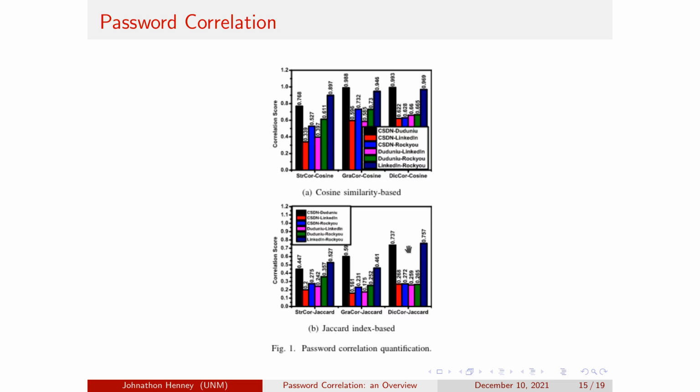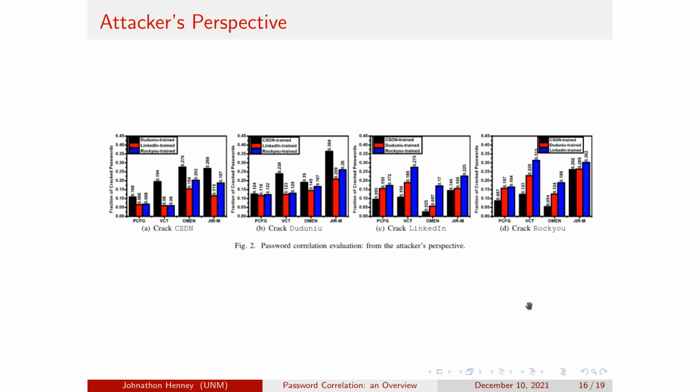And then the next slide I have is an interesting set of graphs that they did, where they took the quote-unquote attacker's perspective, where they wanted to crack a specific database, and they took a model that we've talked about before. This is John the Ripper down here, and then they trained that model based on a different dataset.